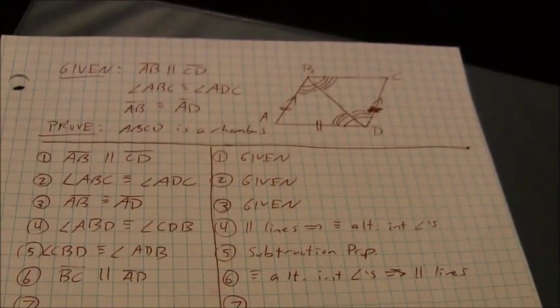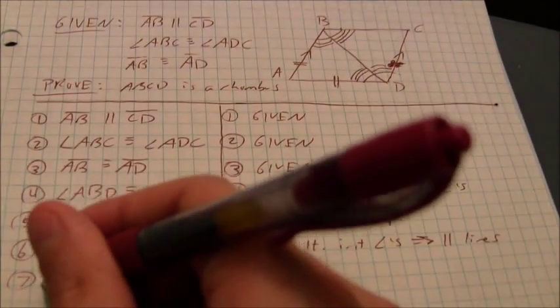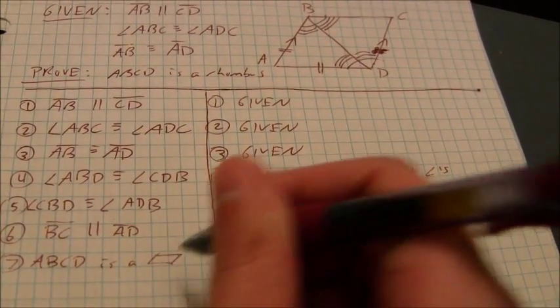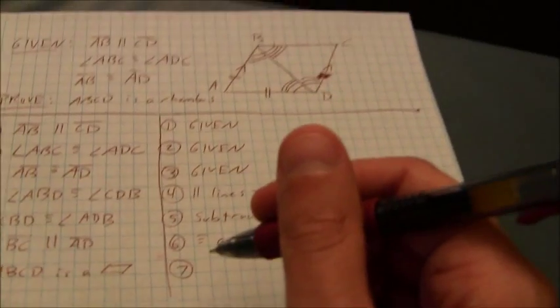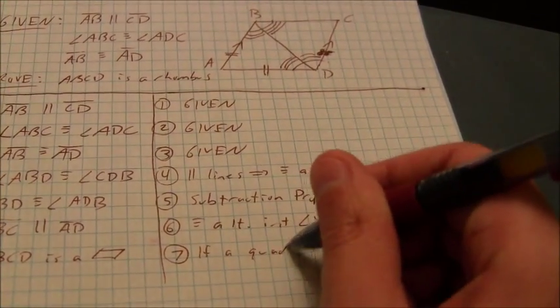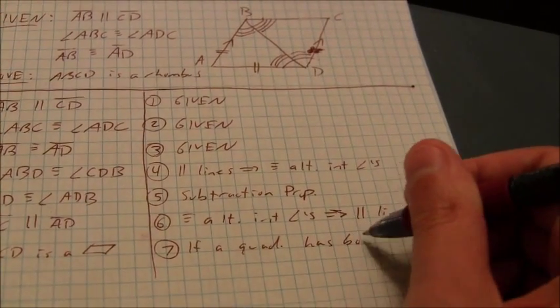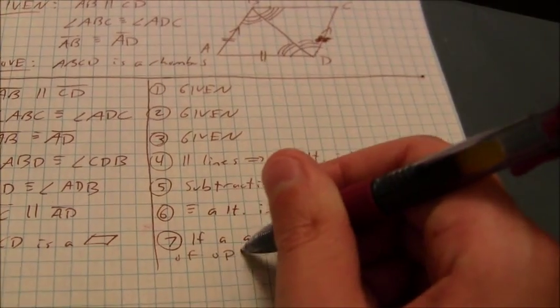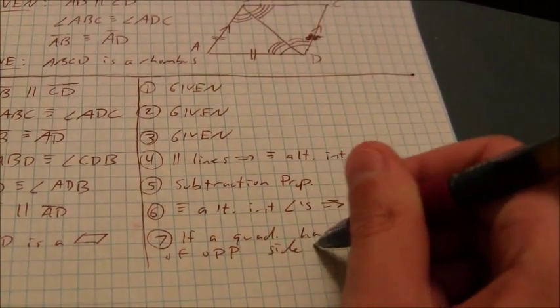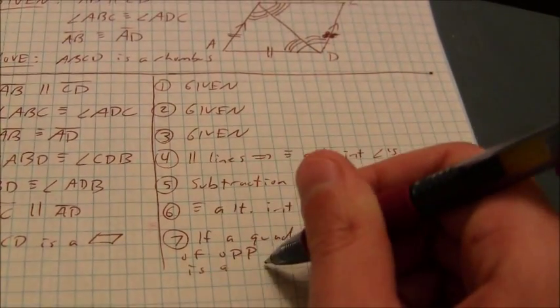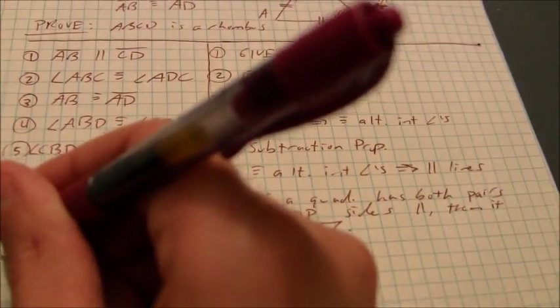As a result, I know that ABCD is a parallelogram, and of course the reason there being, if a quadrilateral has both pairs of opposite sides parallel, then it is a parallelogram.